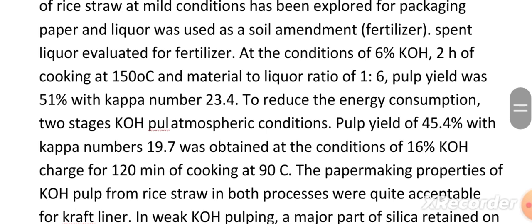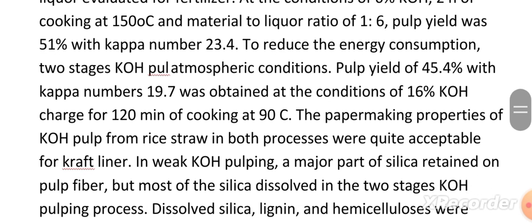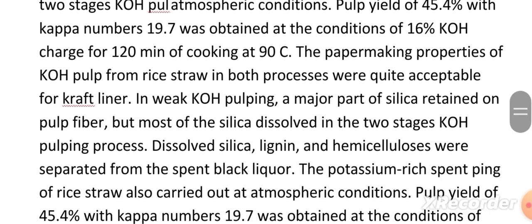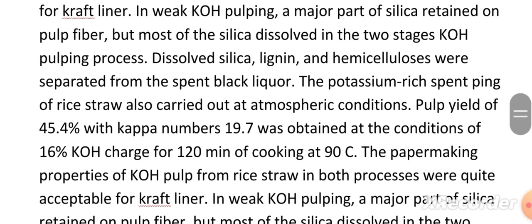Here are the chemical conditions used for the paper pulping process of rice straw. Dissolved silica, lignin, and hemicellulose were separated from the spent black liquor. The potassium-rich spent liquor of rice straw was also carried out at atmospheric condition.